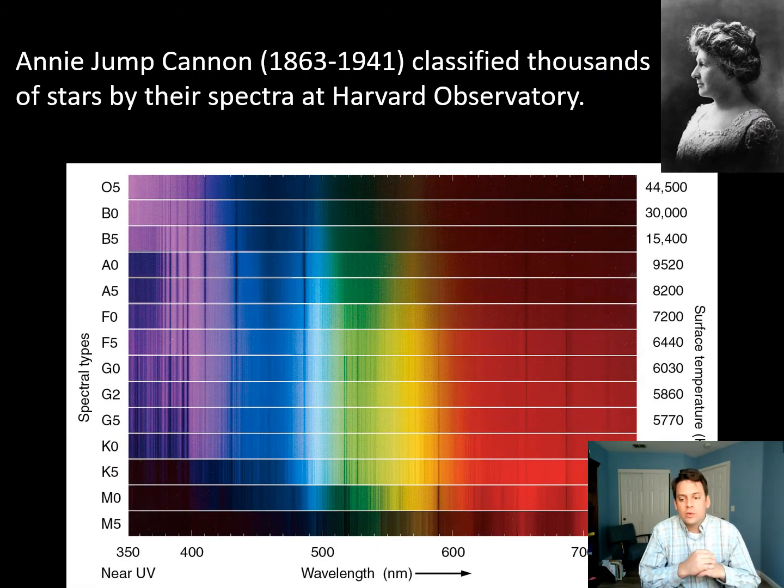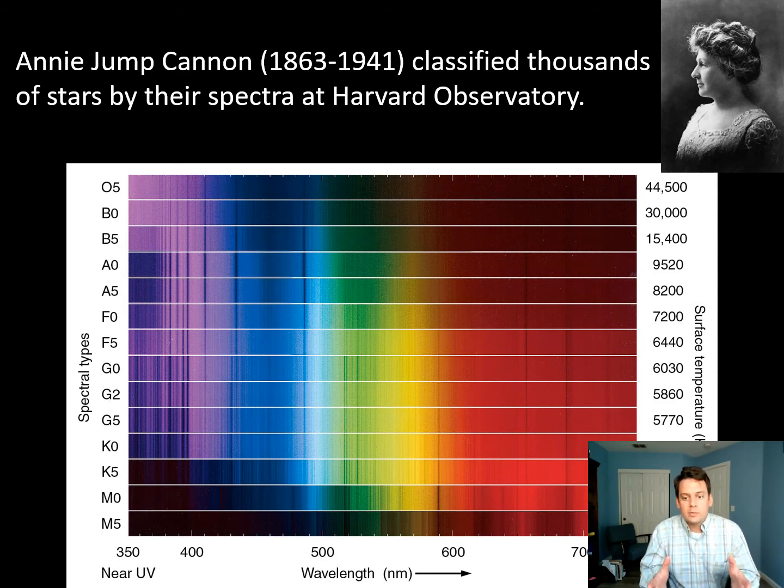So the first person to really put this into practice and perform a tour de force of spectral analysis was a woman by the name of Annie Jump Cannon, who spent a very long career analyzing thousands of stars' spectra at the Harvard Observatory. She did this in the late 19th and early 20th century, and did a meticulous job analyzing thousands of objects in excruciating detail.